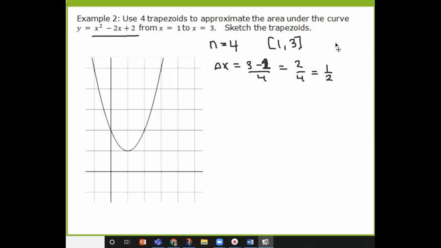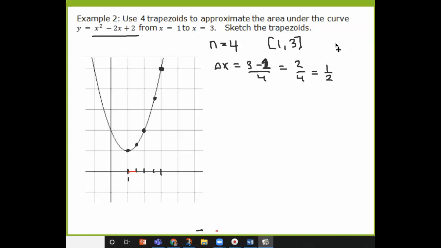So we're starting at 1. And we're going to 3. So the trapezoids would have a width of 1/2.